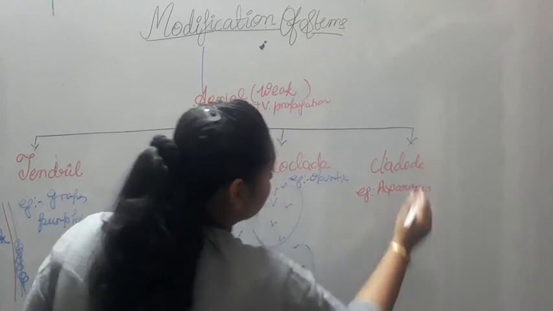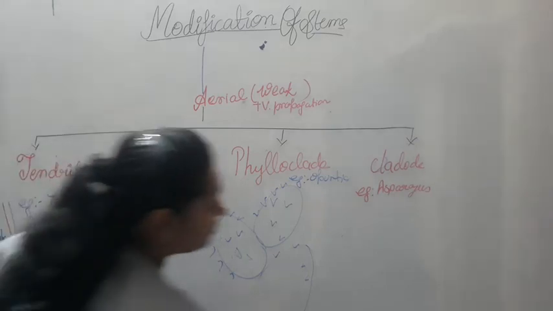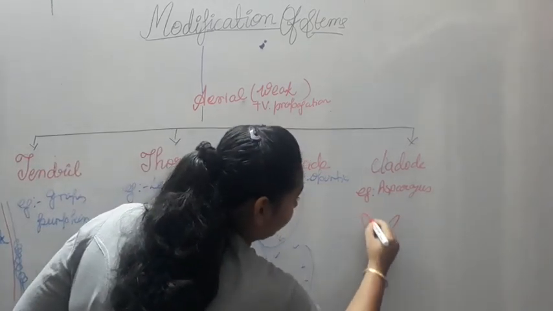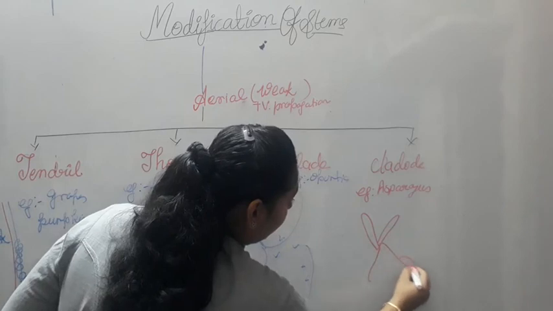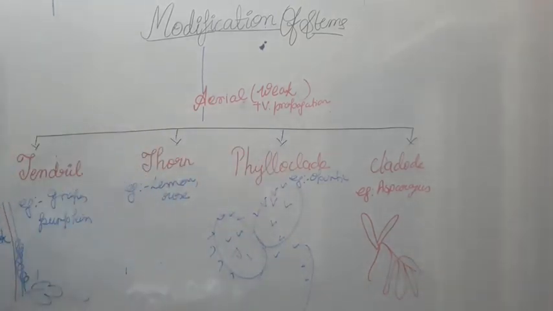So asparagus is one example of cladode where you find that the plants have 1 to 2 internodes present in them, and because of that, what you will see, they are somewhat like this, they get developed. You will find that these are also supporting the plant to survive because they are again very weak in nature. So cladode is one of the modifications of the plant, for example asparagus.